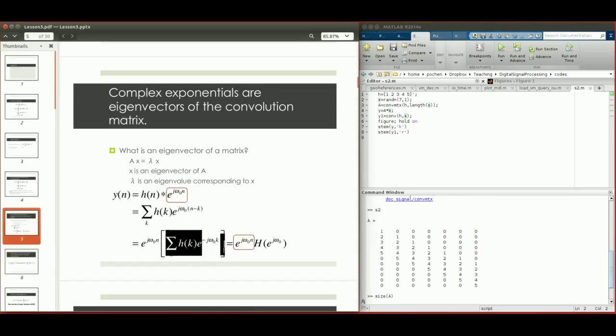The stuff inside of the square bracket depends upon k, and it's a summation over k. This summation over k is actually a number. It's a complex number, but it's still a scalar, because you have summed over all the k, and omega 0 is some arbitrary real number that you have selected.